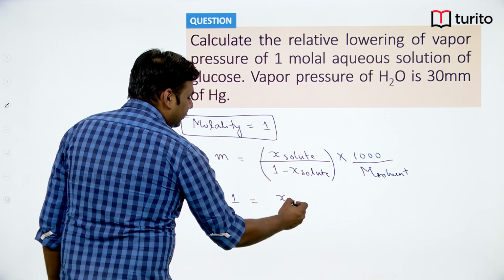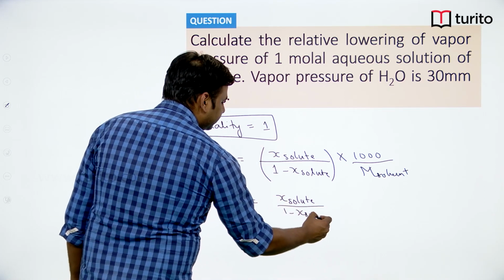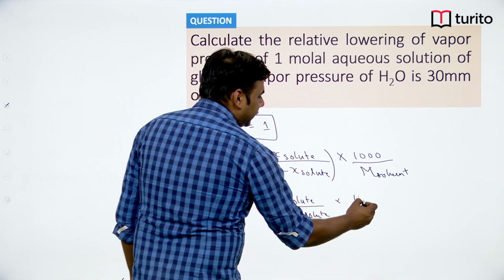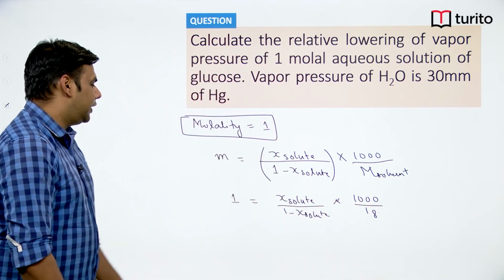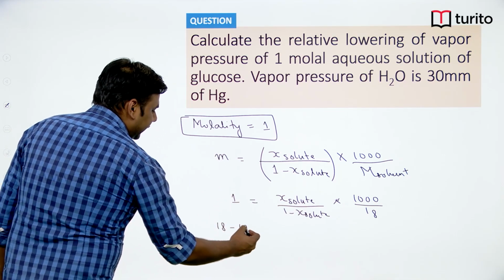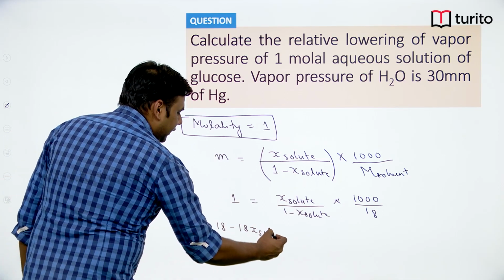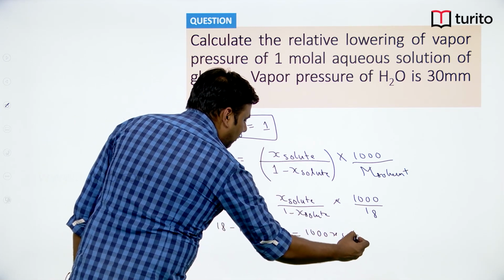So this is X solute divided by 1 minus X solute, into 1000. The molar mass of the solvent is 18 because it is water. So you can take this entire term over here. This would become 18 minus 18 X solute equals 1000 into X solute.